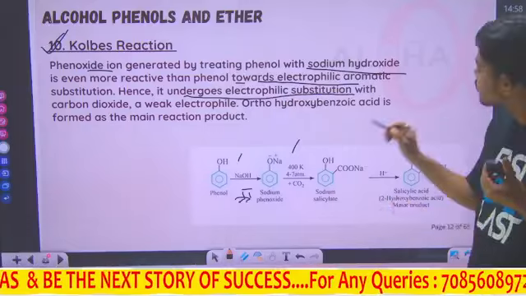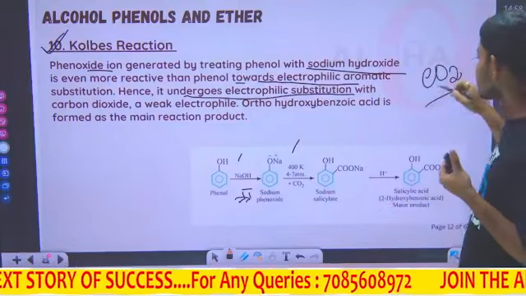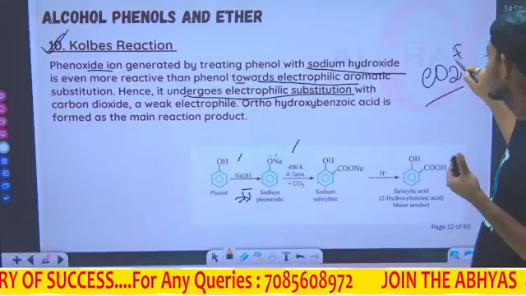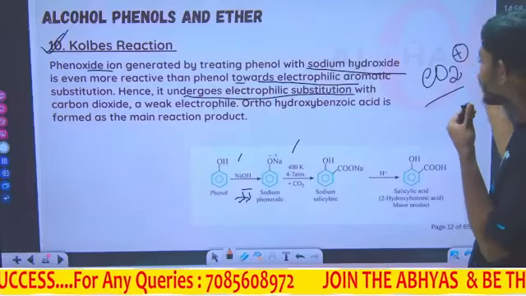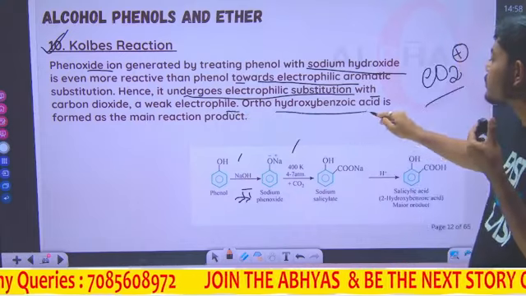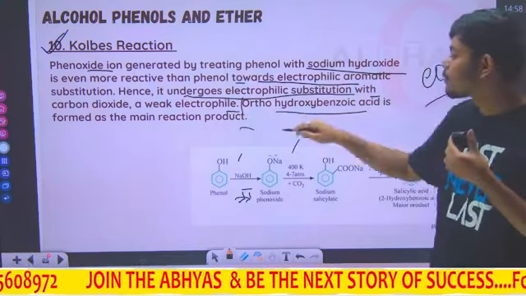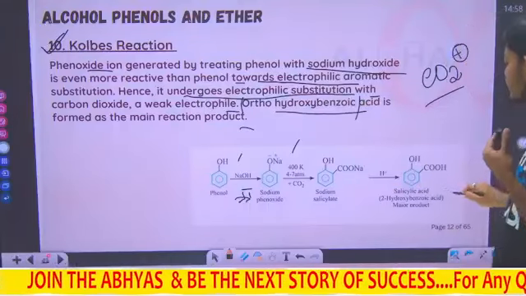Carbon dioxide is an electrophile also. Being an electrophile doesn't necessarily mean you should have a plus charge. If you have a vacant orbital, you can be an electrophile. With carbon dioxide, a weak electrophile, ortho-hydroxybenzoic acid is formed as the main reaction product. Don't go into that big name, that is your salicylic acid.